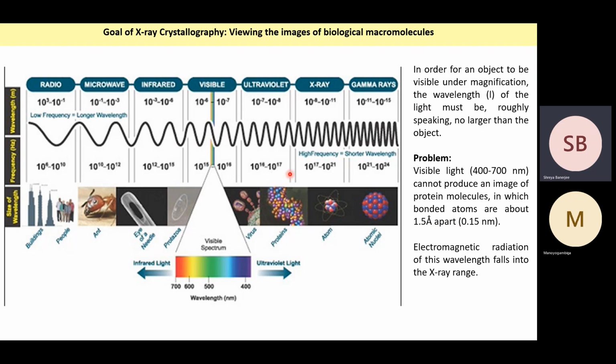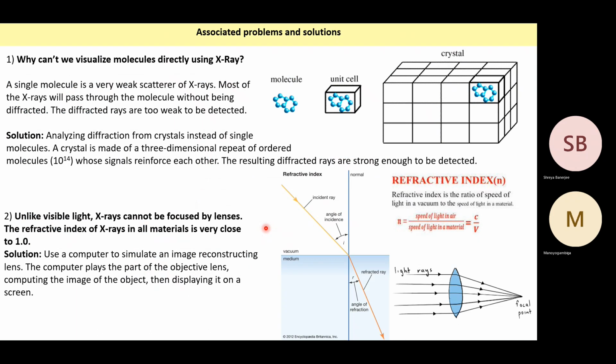As you can see, the size of the protein molecules is here, and the wavelength of the visible light is greater than that. So visible light cannot be used to study macromolecules like proteins. However, the X-ray wavelength falls within the range of the proteins and atoms. That is why X-ray crystallography is needed to visualize these macromolecules.